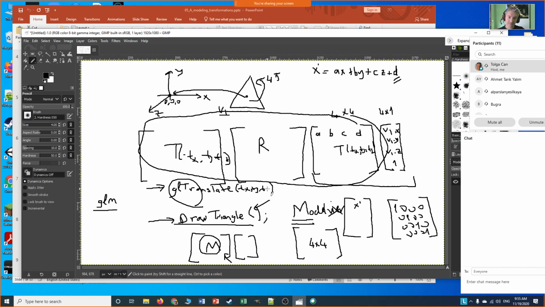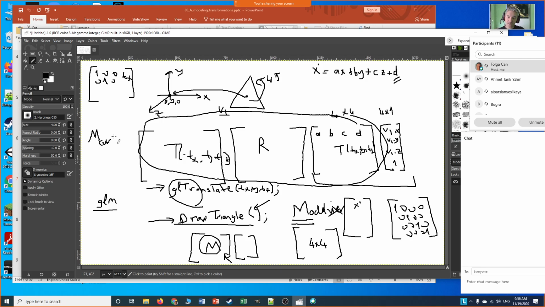With this tx, ty, tz, if you call this function, whatever the current matrix is, it will first generate a transformation matrix with these parameters, 1, 0, 0, tx. It will generate this matrix and multiply it with whatever the current matrix is.